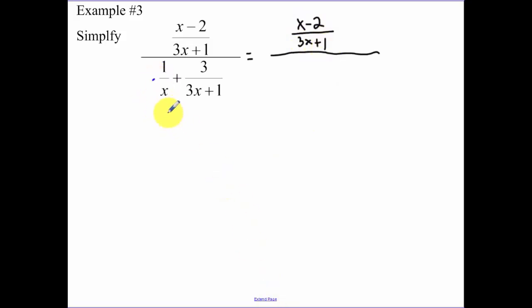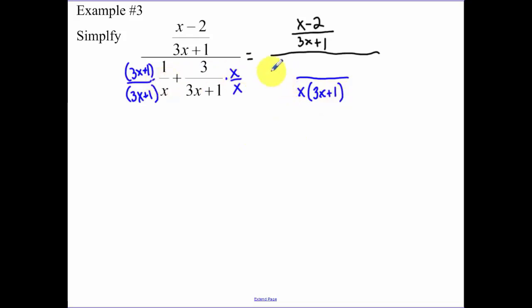On the bottom, this denominator needs a 3x plus 1. This denominator needs an x over an x. So my common denominator on the bottom is x times 3x plus 1.